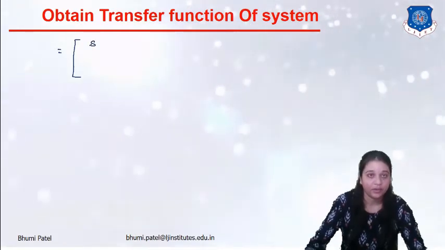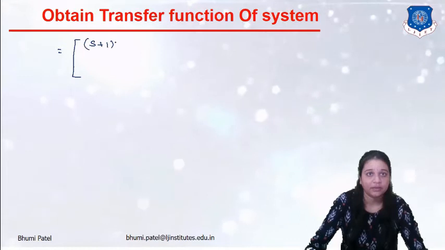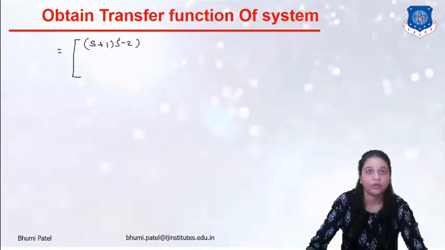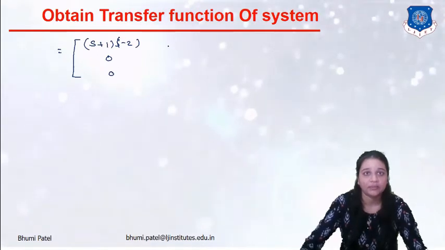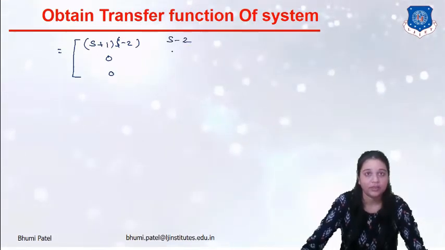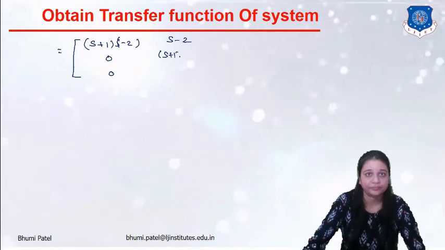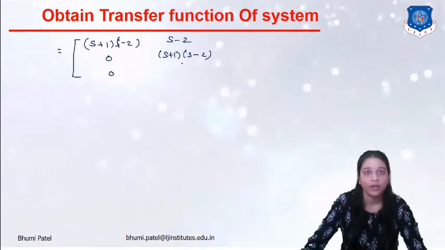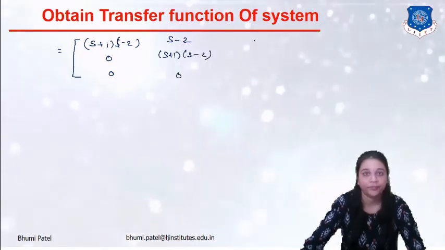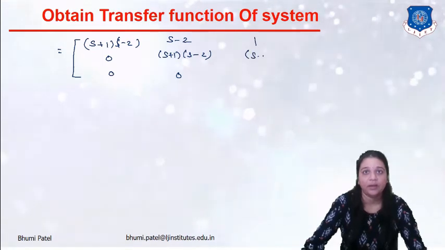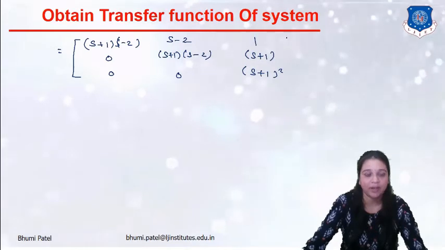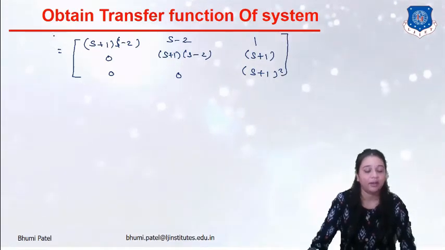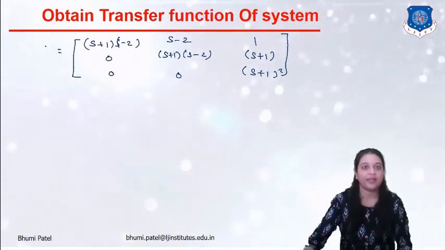So S plus 1, S minus 2, here the row is 0, 0, so we can put here 0, 0, then S minus 2, S plus 1, S minus 2 and 0, and here 1, S plus 1 and S plus 1 square. Okay, so this is my adjoint of sI minus A.